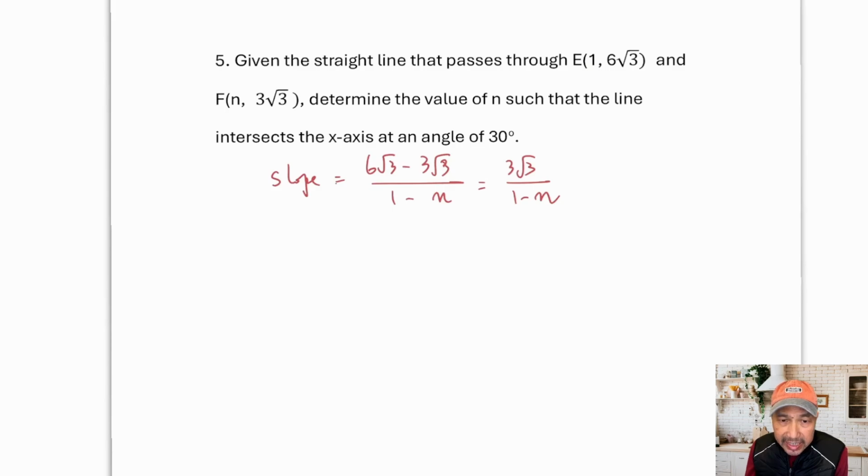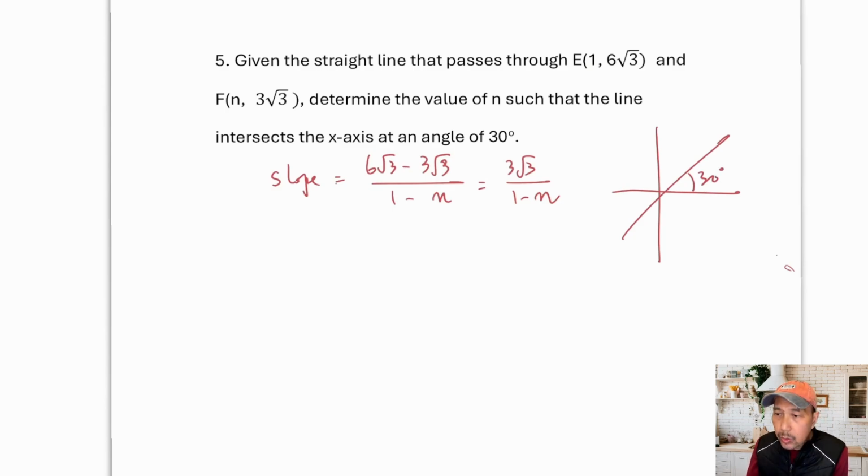Question 5, given the straight line that passes through E and F, determine the value of n such that the line intersects the x-axis at an angle of 30 degrees. The question gives us the 2 points, so we plug in the formula. We have the slope is equal to 3√3 over 1 minus n. The line intersects the x-axis at an angle of 30 degrees. The diagram should be like this, 30 degrees.